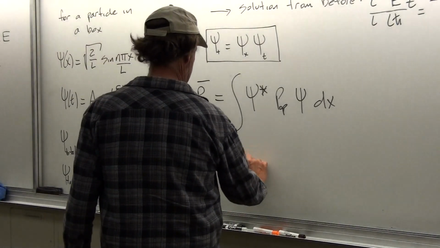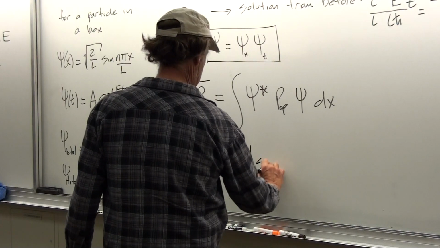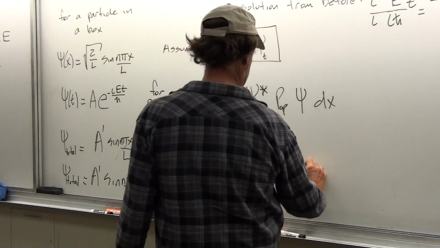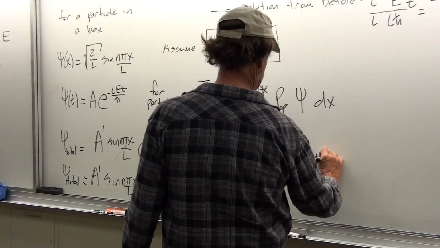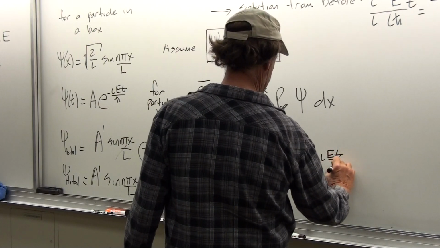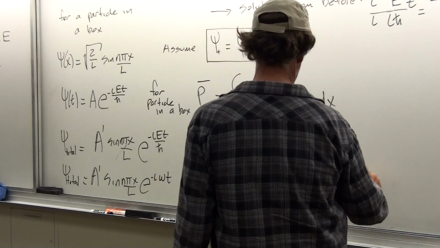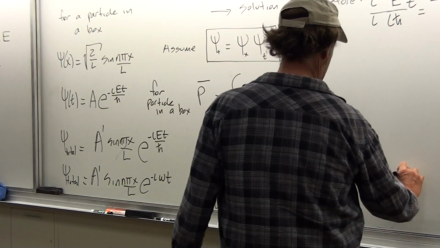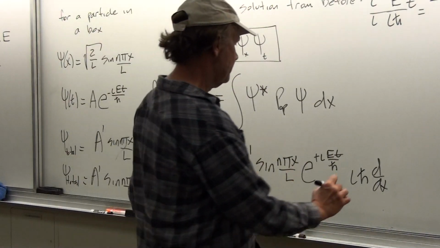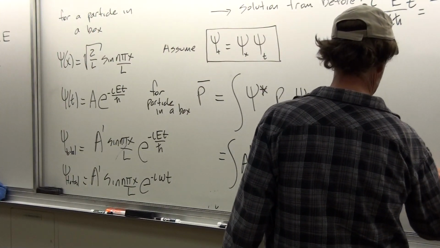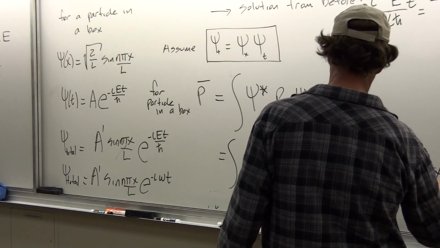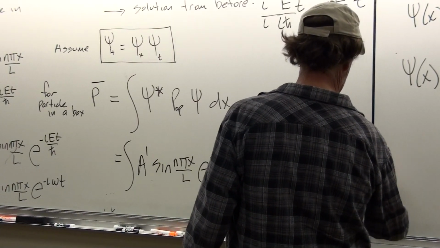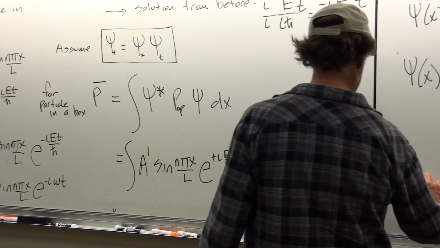So that's going to look like A prime sine n pi x over L times e to the plus i e t over h bar times p op, which is i h bar d by dx of psi back again. So that's going to be the sine of n pi x over L times e to the minus i e t over h bar. That would be dx.